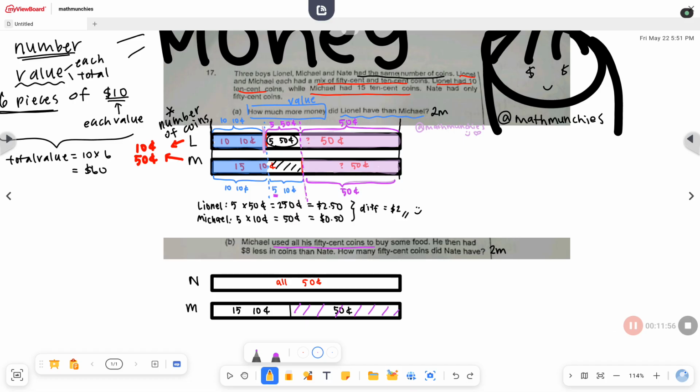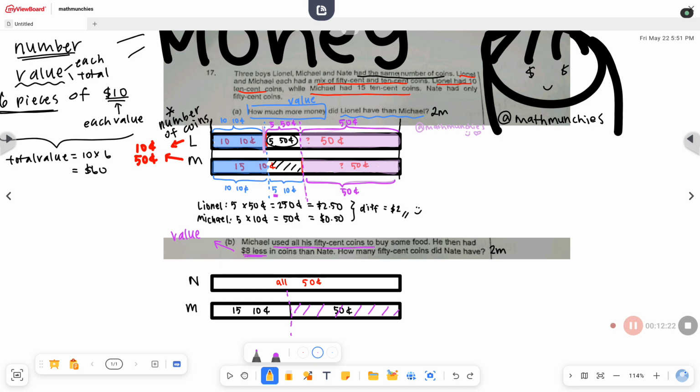Right? And after that, they tell you that, hey, because I use everything, now my value, can you see that this is not talking about number anymore? This one is talking about number because this is $8 less. This is talking about the value, okay? Because I use all of this, it means that my value is going to be what?